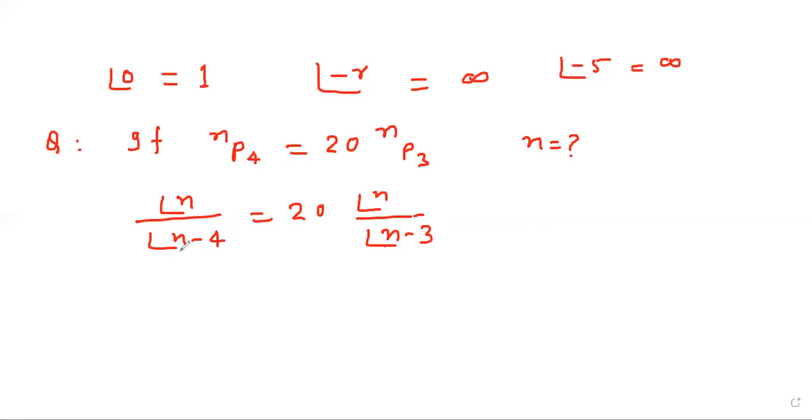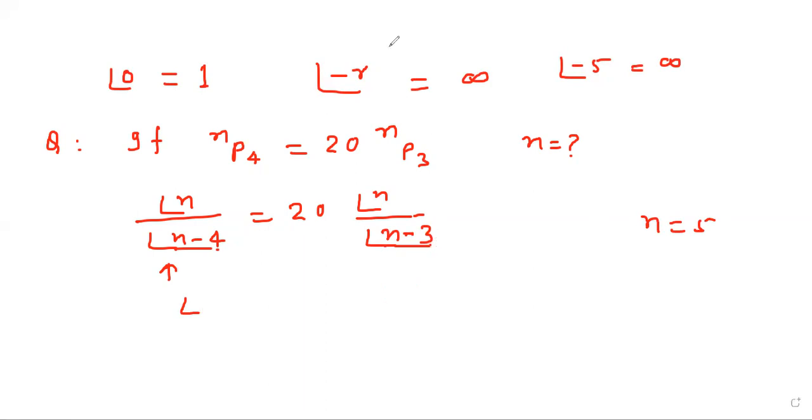Now, we have to check which factorial, either n minus 3 factorial or n minus 4 factorial, is greater. So here, clearly, factorial n minus 3 is greater. This can be checked by putting some values of n. Suppose we take n equal to 5. So from here, we get factorial 1. And here we get factorial 2. So definitely factorial n minus 3 is larger.